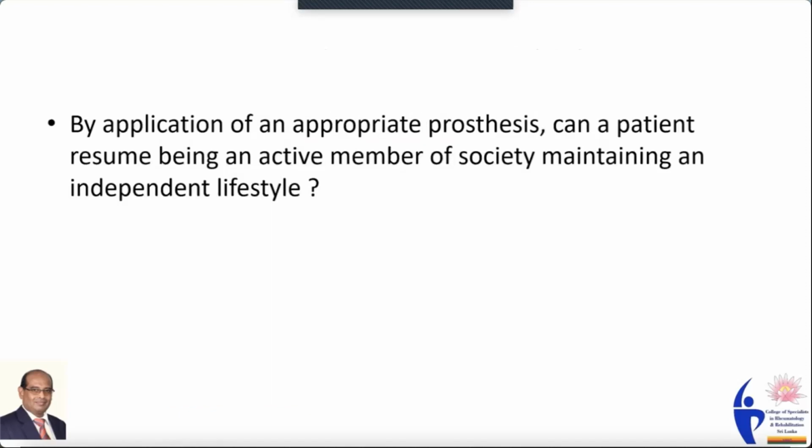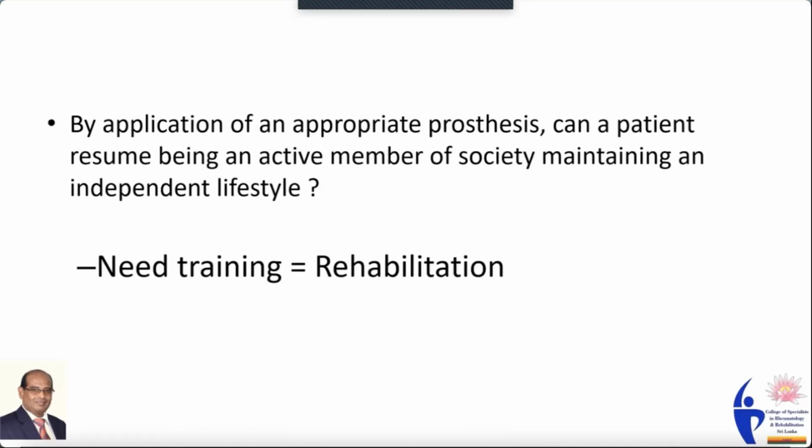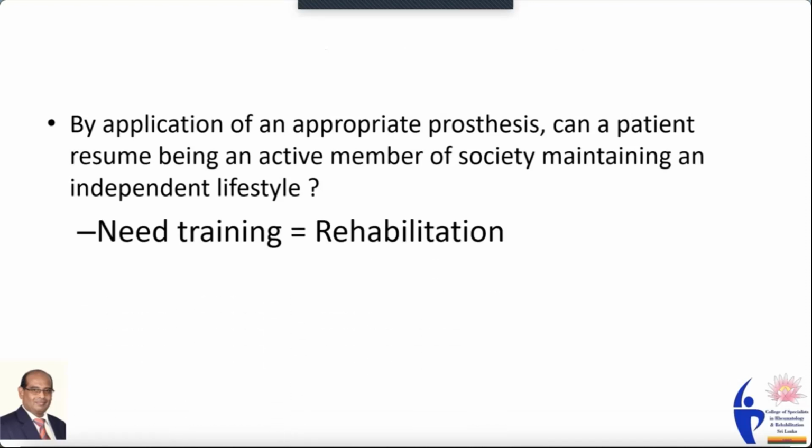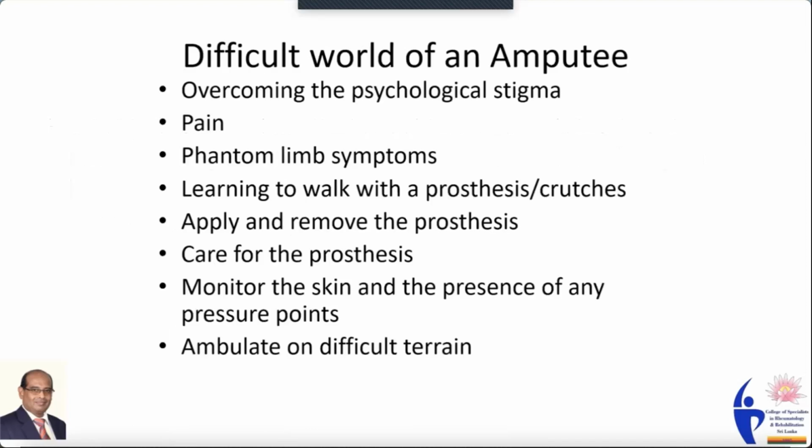Just the application of a prosthesis generally will not allow the patient to resume their activities back in society. They need a very concentrated training program to make sure that they use the limb properly and get the maximum functional outcome from that. This need for training is what happens in the rehabilitation of an amputee.